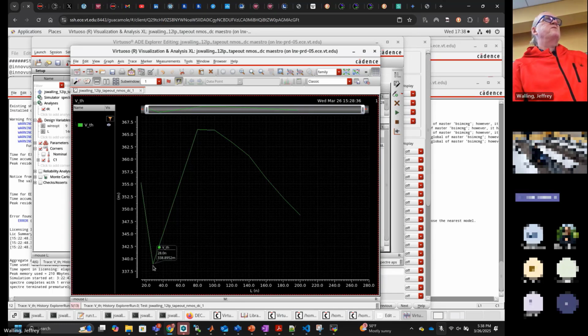With fins, part of the problem is that there are only certain geometries that you can use. You can't just continually scale the length and width of the devices. They have fixed pitches that you can use.